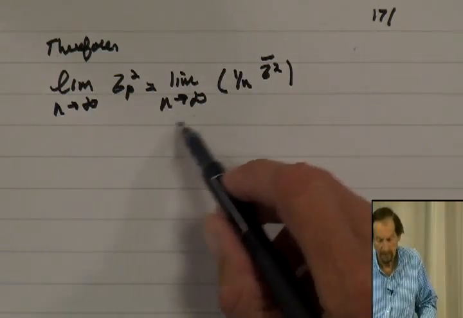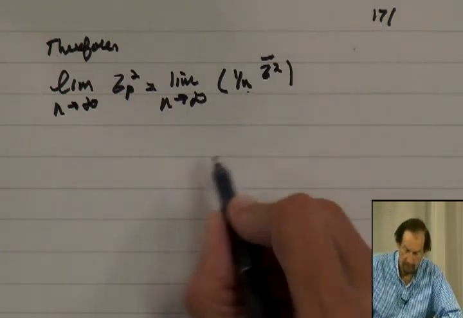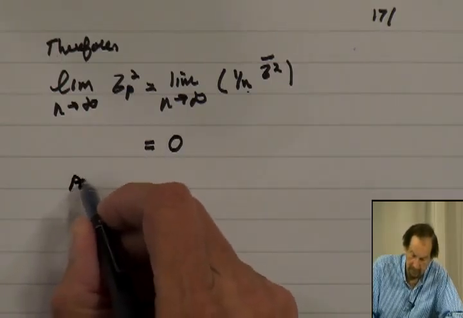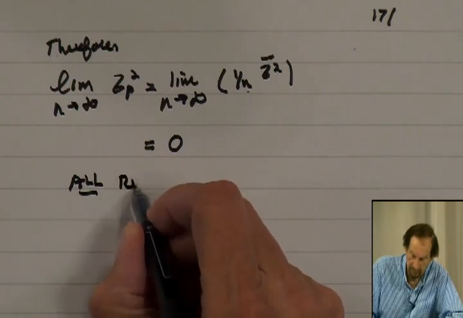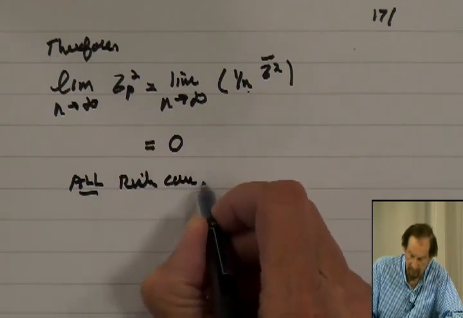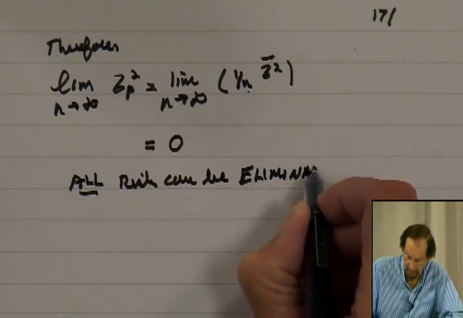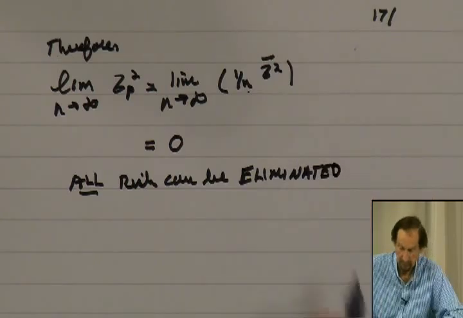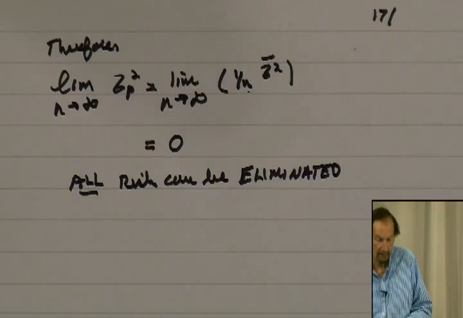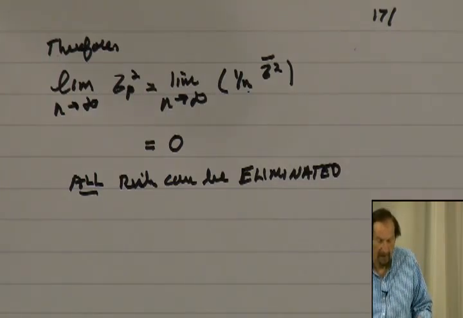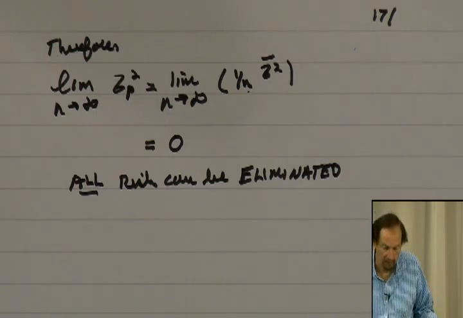And as n goes to infinity, this term goes to 0. So all risk can be eliminated. If you have uncorrelated assets, life becomes very easy. You can eliminate all possible risk as the number of assets gets larger and larger. And we had a numerical example before where we said that.